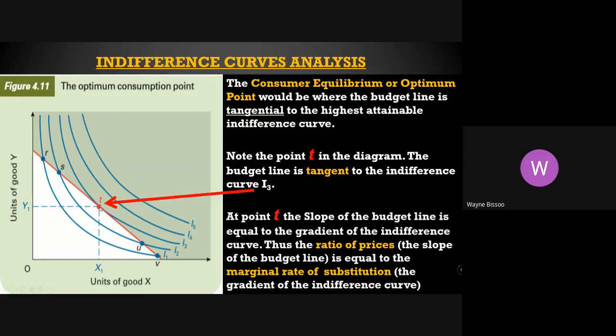Now, we have to go back and remember that the slope of the budget line represents the ratio of prices, and the gradient of the indifference curve at that point is going to be equal to the marginal rate of substitution at that point. So it means, therefore, that at the equilibrium position, the ratio of prices is equal to the marginal rate of substitution. Now remember those two concepts about the slope of the budget line and the marginal rate of substitution.